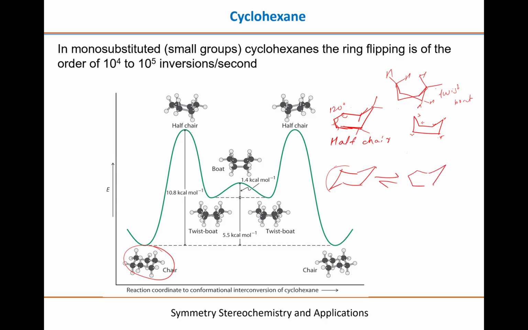And in conformation you can rotate the molecule, right? So we are rotating here. If I rotate it into a twist boat form, it will give this twist boat structure here, and then boat, and boat will again convert to twist boat, and the energy profile diagram will look like this one. So these all are interconversions of the cyclohexane molecule.